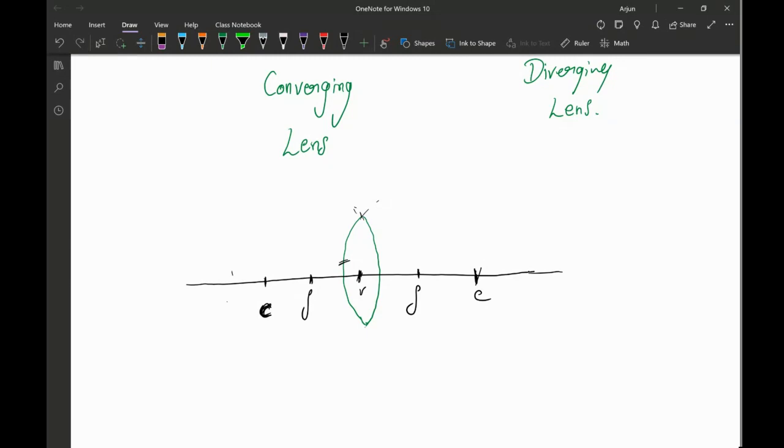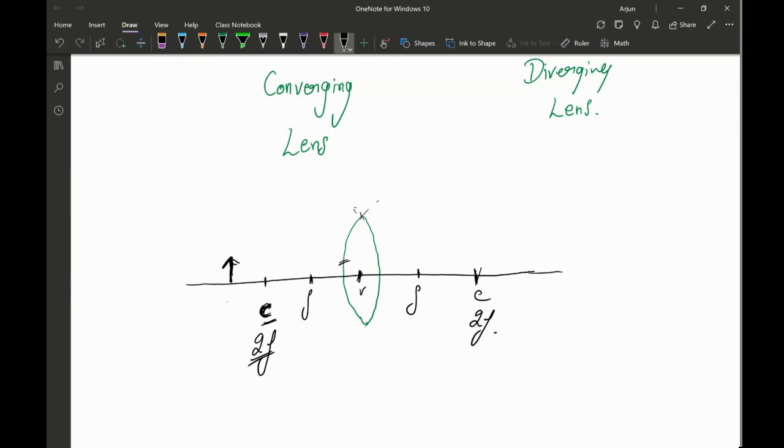And now I'm going to place the object somewhere away from the center of curvature here. Center of curvature sometimes is also called twice the focal length, 2f. So here you can draw it 2f too.